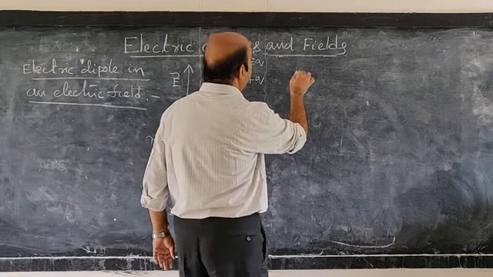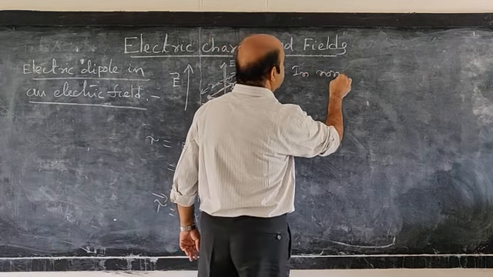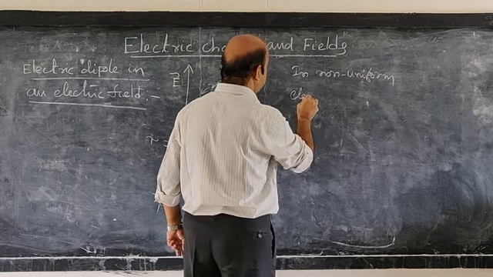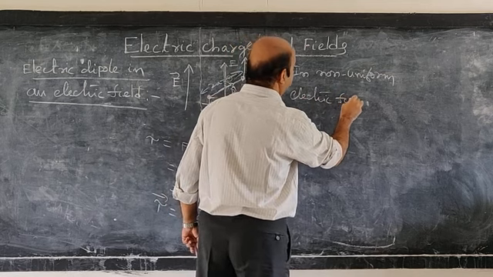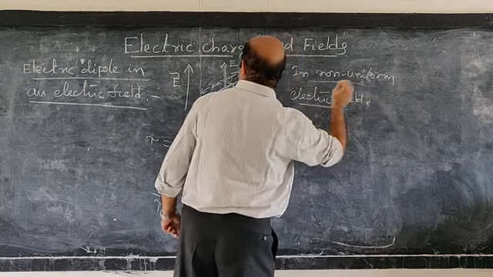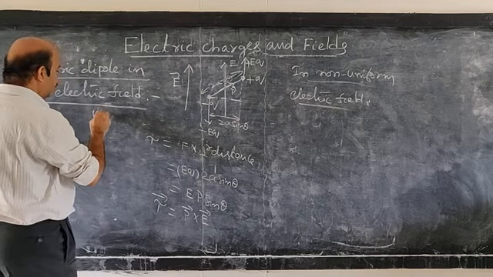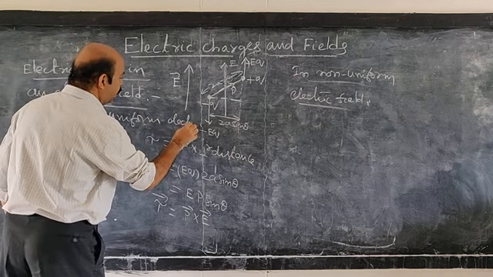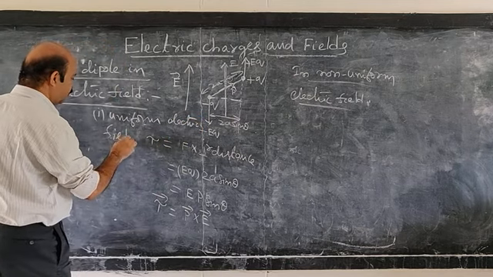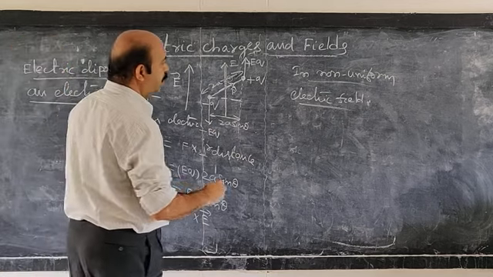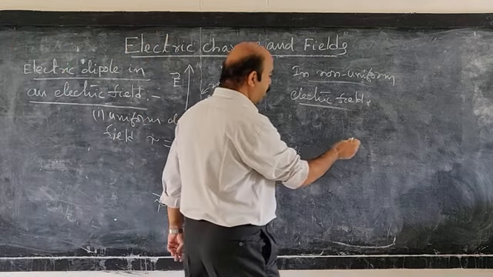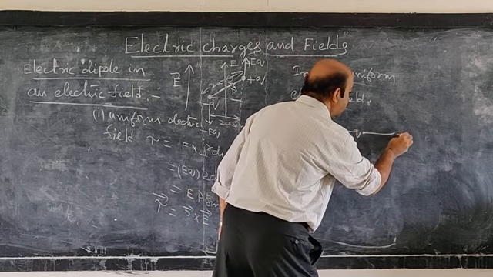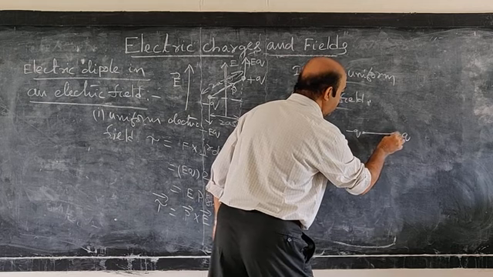In non-uniform electric field, what happens? This is uniform electric field, and in non-uniform electric field, suppose this is minus Q and this is plus Q, a dipole.